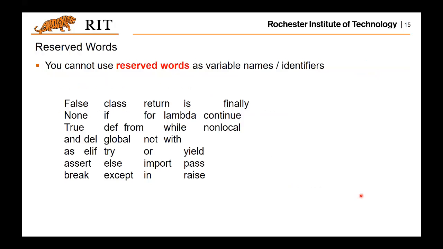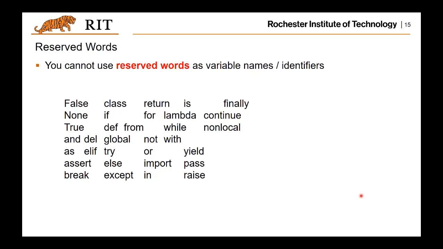Again, we have these reserved words. And these are a note to you when you want to define some variable names. So basically, you cannot define variables with the exact names of these. So try to avoid these reserved words.